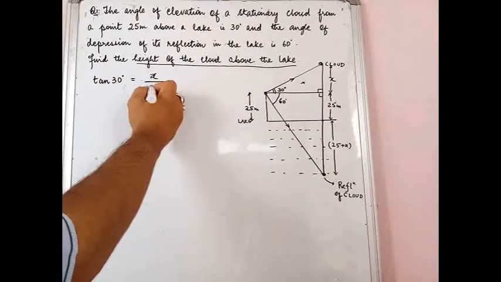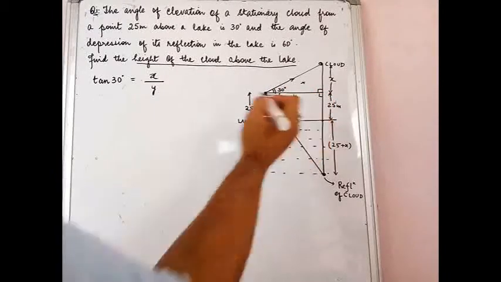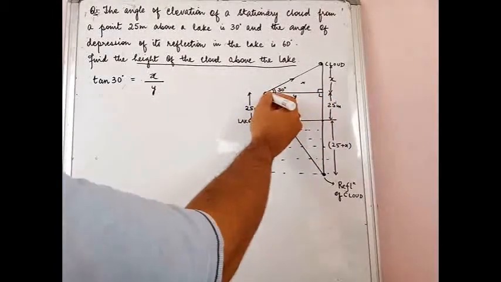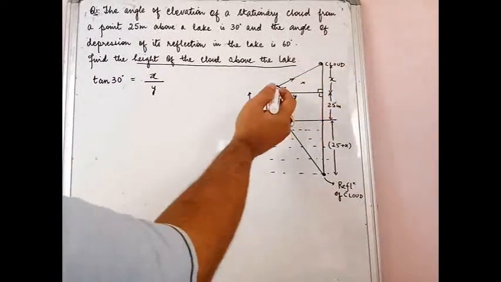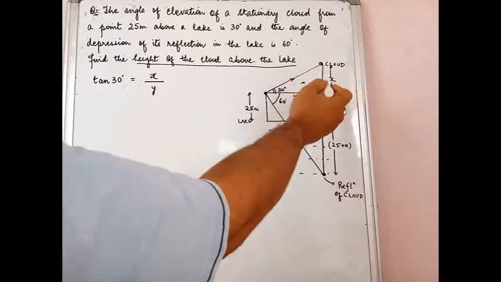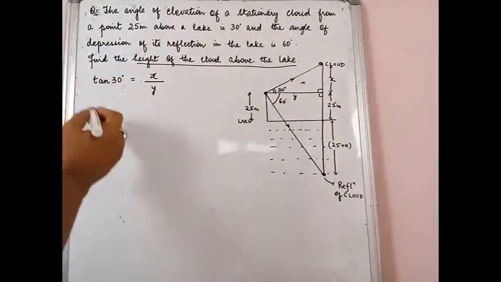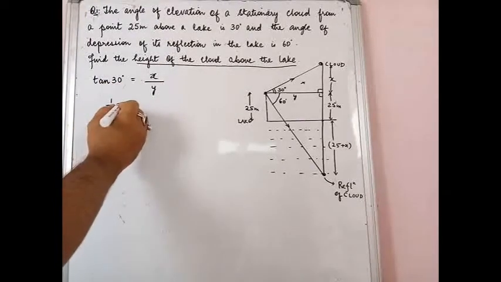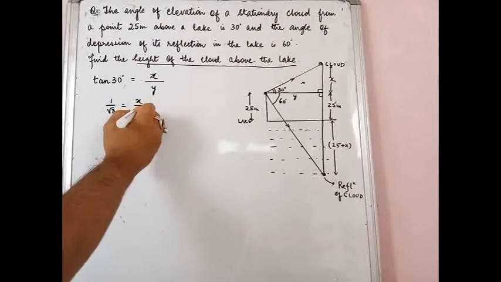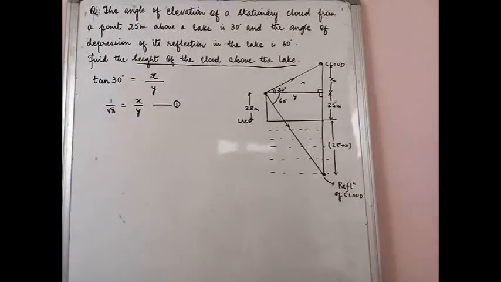We don't know that base, so I'm going to treat this part to be y. This entire part from here to here is the base in this triangle, because tan 30 degree is perpendicular upon base. So x upon y. What is tan 30 degree? Tan 30 degree is 1 upon root 3, equal to x upon y. You can treat this to be equation number 1.